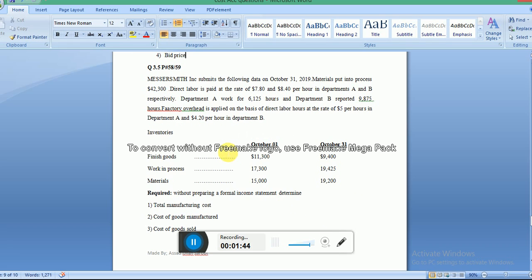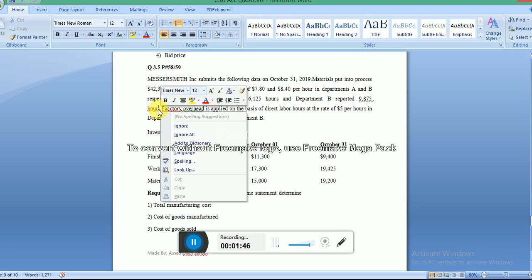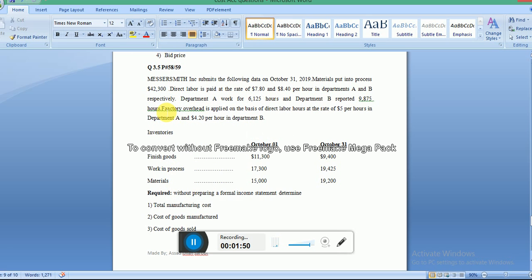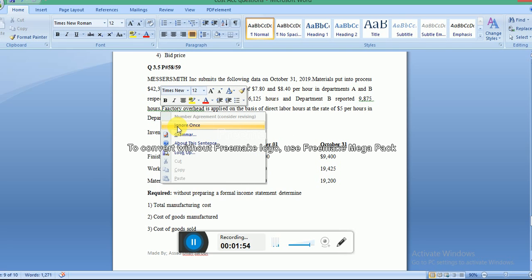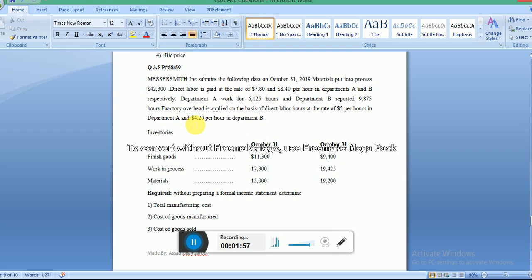Department A worked for 6,125 hours, and Department B reported 9,875 hours.